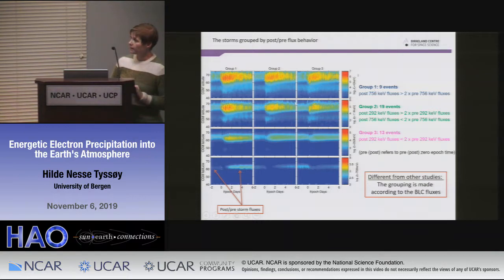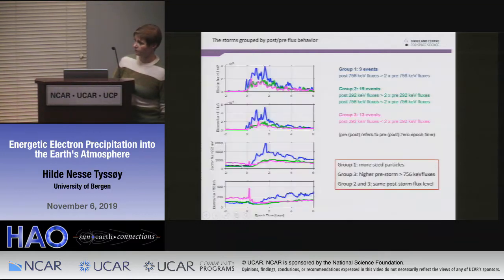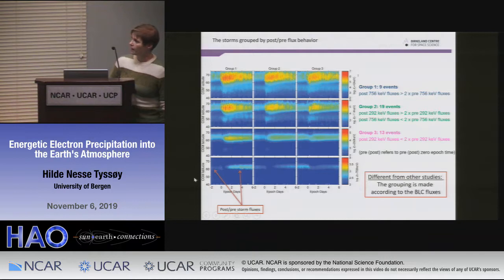Group 1 is the storms that give more than a doubling of the larger than 750 keV fluxes 2 days after the zero epoch. So we compare post-storm fluxes to pre-storm fluxes.